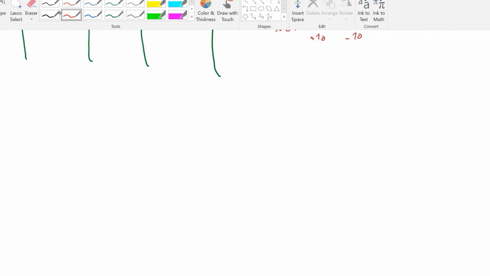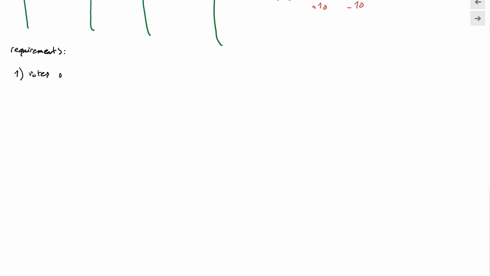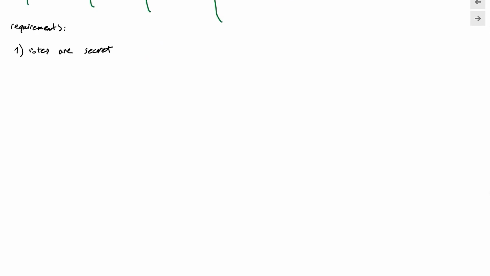So maybe I can change my pen color. So requirements. Number one, we want to make sure that the votes are secret. So no one can learn the content of the votes, unlike the first one where the trustee T could basically see the votes.